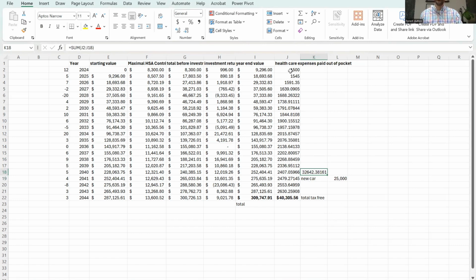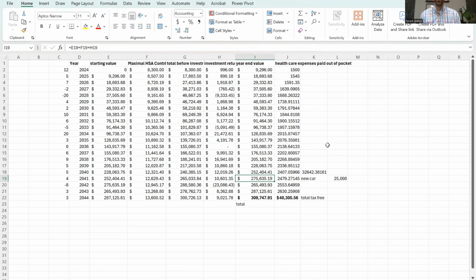So what this would look like is you keep your receipts in the year the expense occurred. Keep your receipts that prove that you spent 1,500 on healthcare. Keep your receipts that you expended exactly these amounts. And then you get to this year, 2041, you really need that new car. Your HSA account at this point has $275,000 in it.